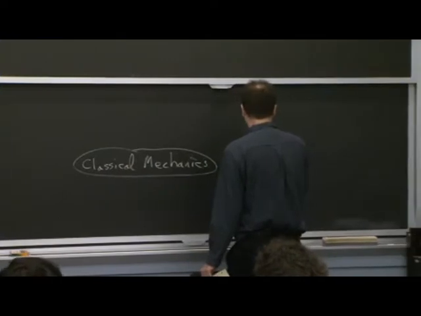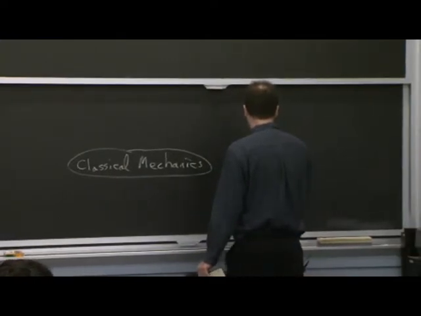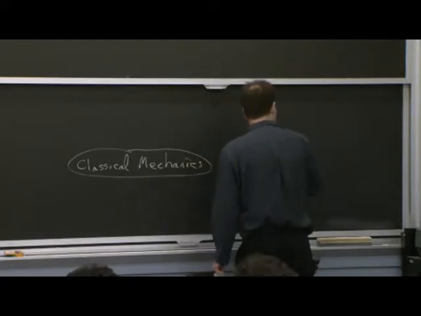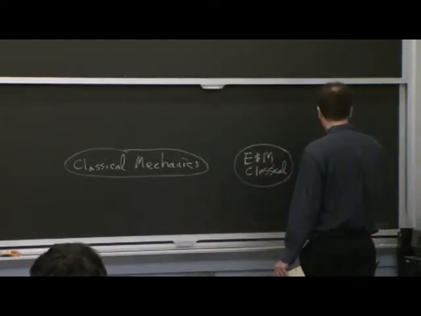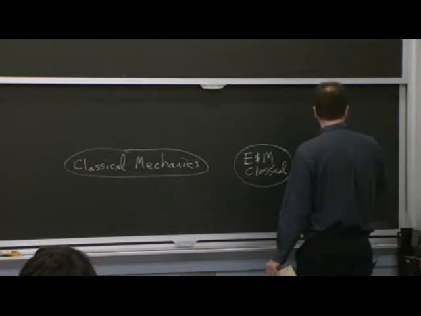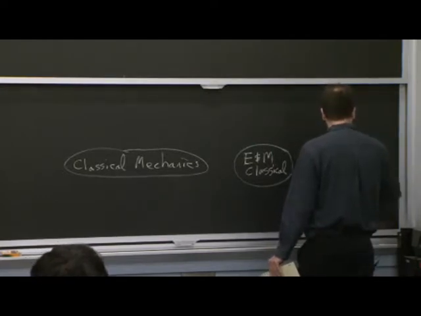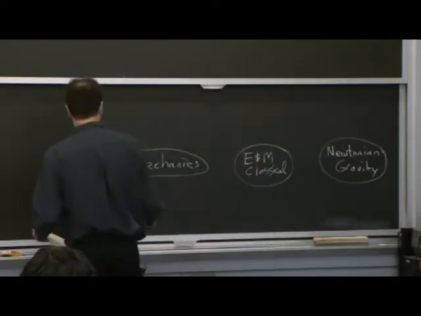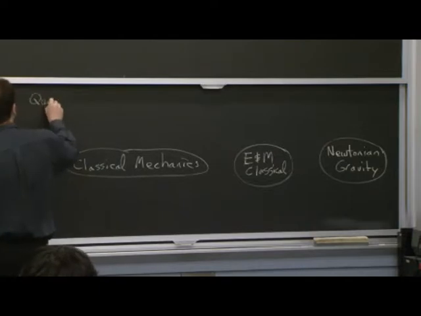You learn E&M, classical E&M. You learn Newtonian gravity. And then you build on these things. These things are your starting point, and then you build on them. So you learn quantum mechanics.